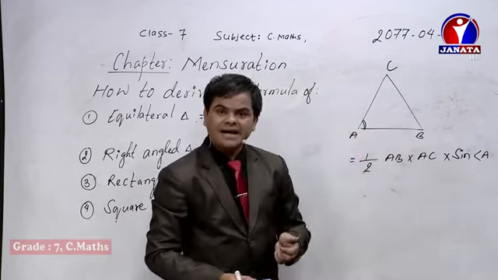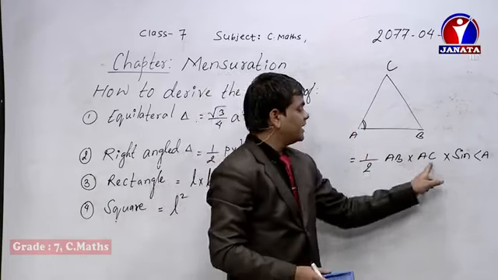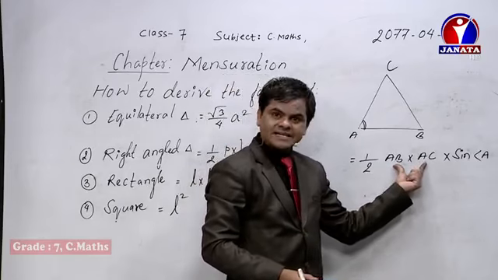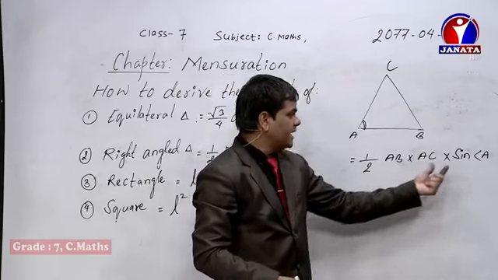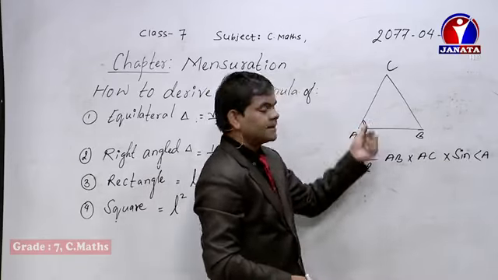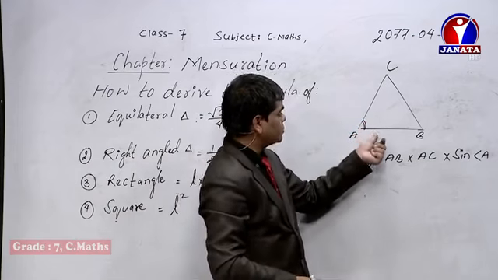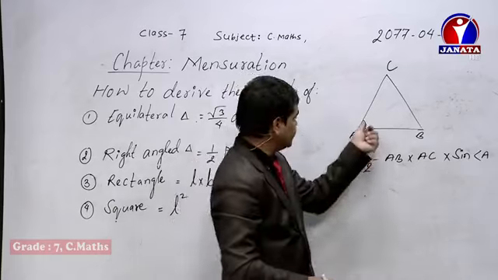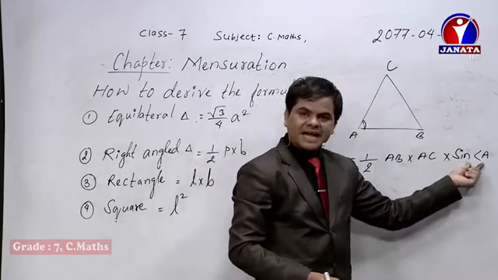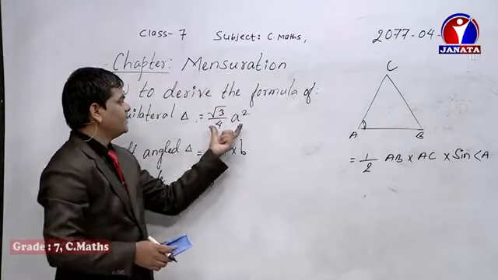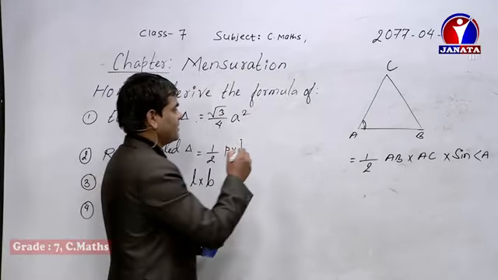If one angle is given and 2 adjacent sides are given, then 1 by 2, the product of adjacent sides, and the angle contained by those 2 adjacent sides in terms of sine. We use this concept, and then we found the area of equilateral triangle as root 3 by 4 a square.